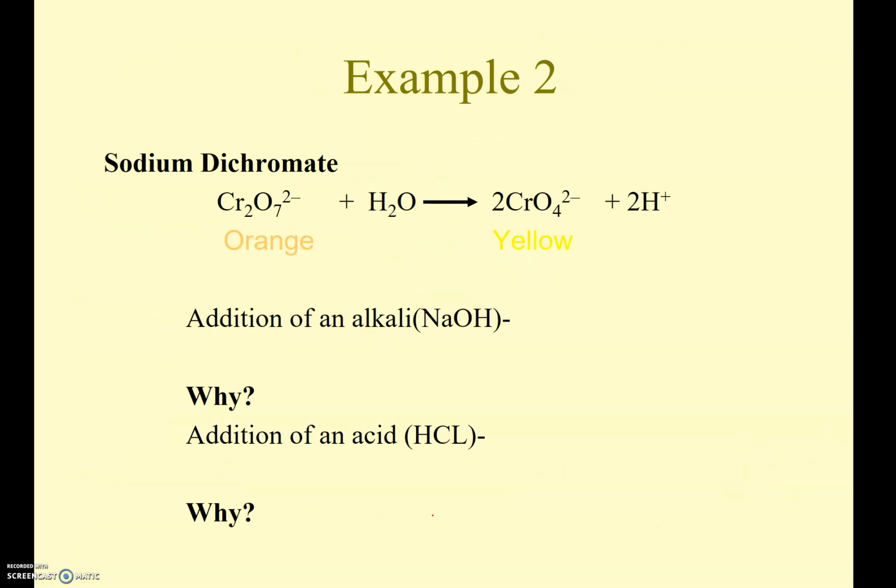Your second example then, sodium dichromate. The addition of an alkali, NaOH, will result in a shift from orange to yellow. An addition of hydrochloric acid will shift it from yellow to orange.